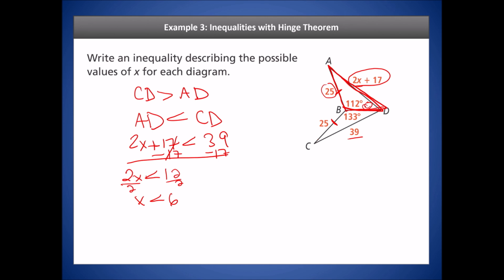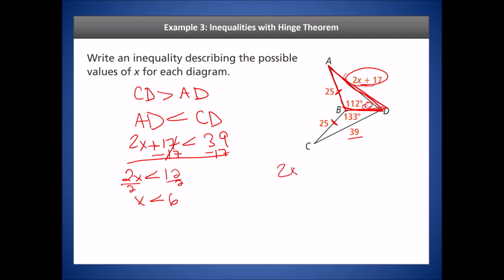So that's something that we want to keep in mind as well. Also, we know that this side right here cannot be equal to 0. If this side cannot be equal to 0, because then it won't be a triangle, then that's the one that we want to use here.